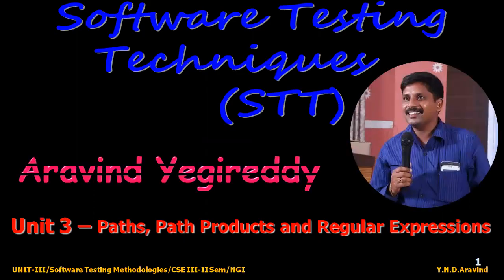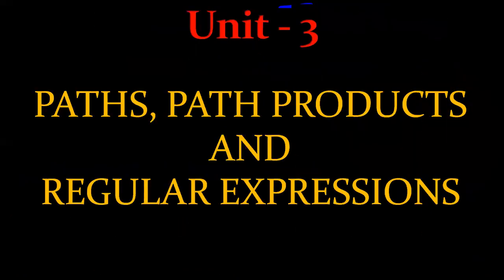Now, in this video, let us see how we are going to count the maximum path count and minimum paths that are required for covering the given flow graph. In our previous videos, we discussed what a path product is, what path sums and path expressions are.